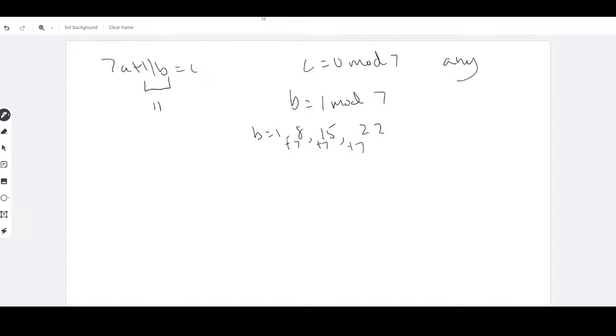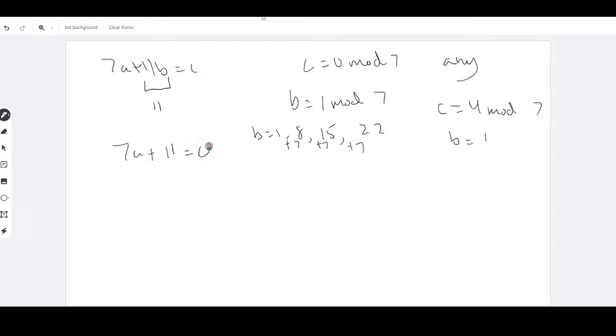Because if c is equal to 4 mod 7 and b is equal to 1, that means in our equation 11b would just be 11.